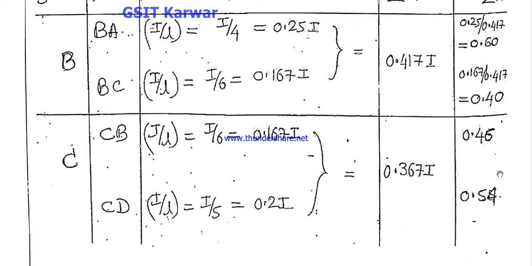I hope you understand this step. You can watch the video once again and try to understand. It is a very simple concept, but you should remember the conditions. The conditions are very important according to the support condition. So remember those conditions, apply them and follow the procedure.